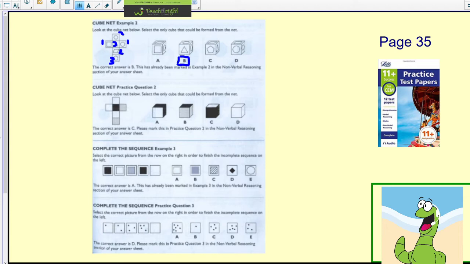CubeNet. Practice question 2. Look at the CubeNet below. Select the only cube that could be formed from the net. The correct answer is C. Please mark this in practice question 2 in the non-verbal reasoning section of your answer sheet.